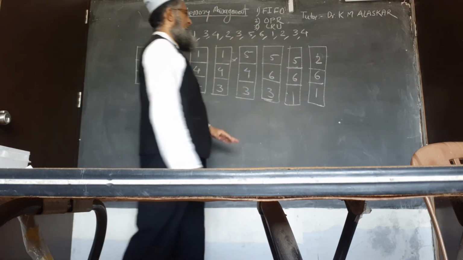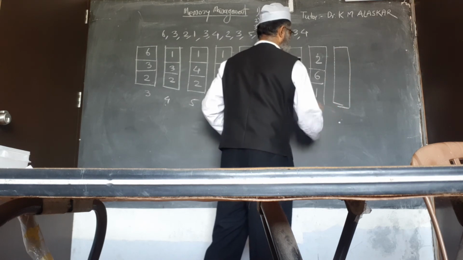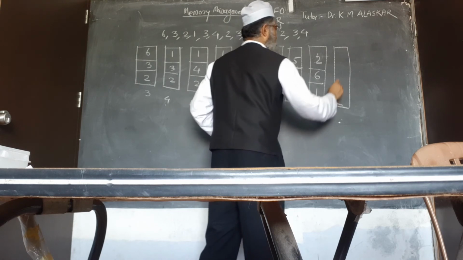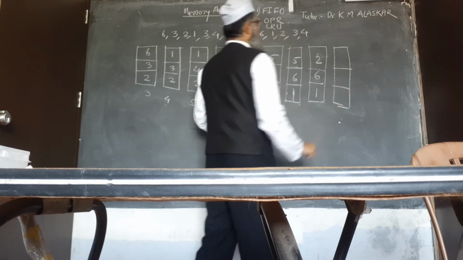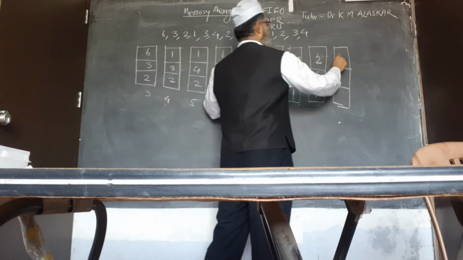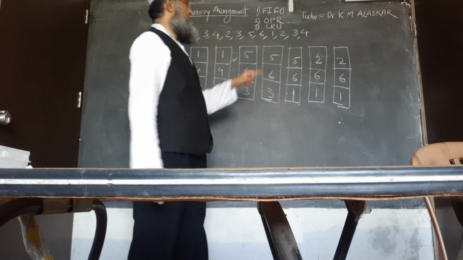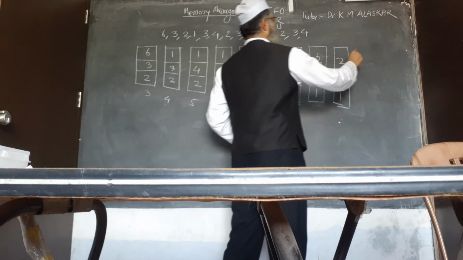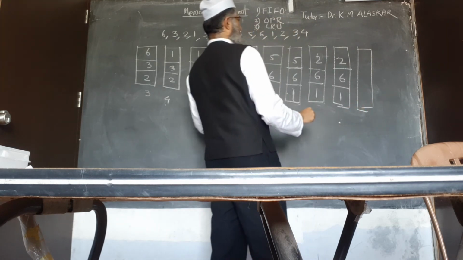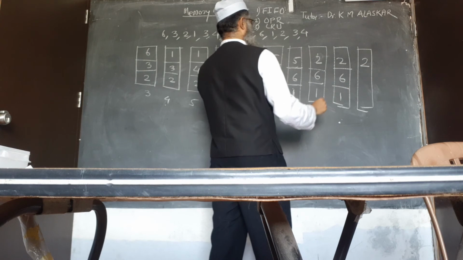For the 3, again 3 is required, so we will remove a page. For this 3, 6 will be removed, so 2, 6 and 1. And as far as 4 is concerned, we will remove 2.